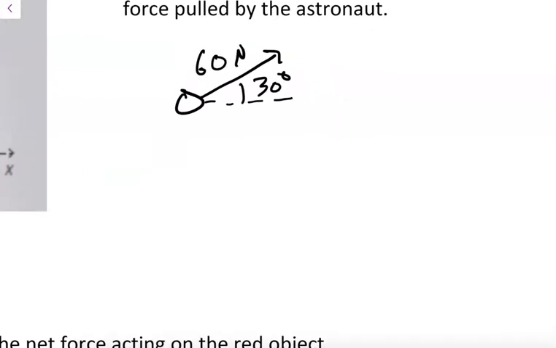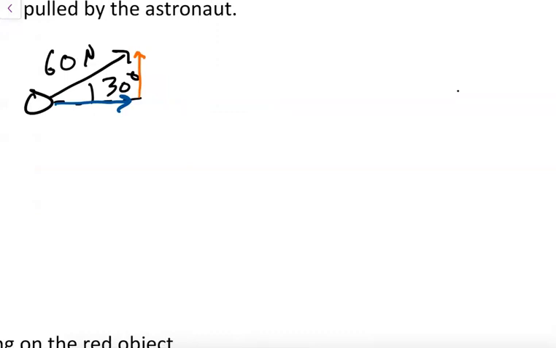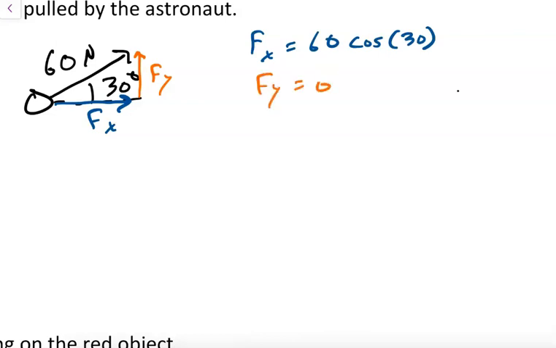And so we still need to find a horizontal component and a vertical component. So F of x would be 60 cosine of 30 degrees, and F of y would be 60 sine of 30 degrees.